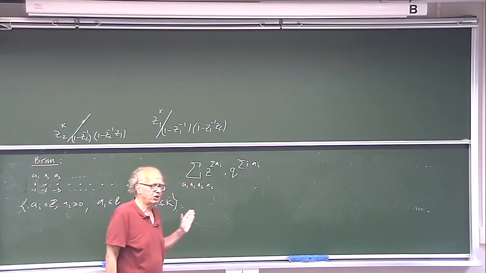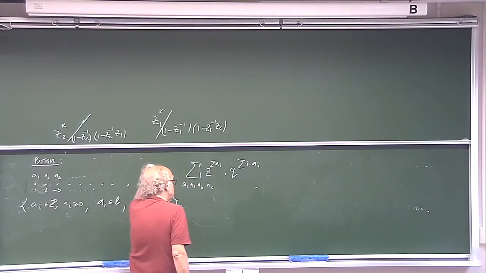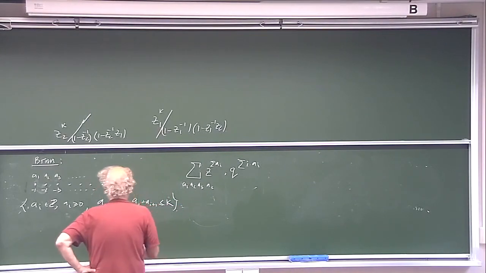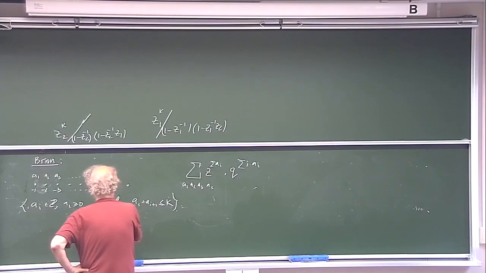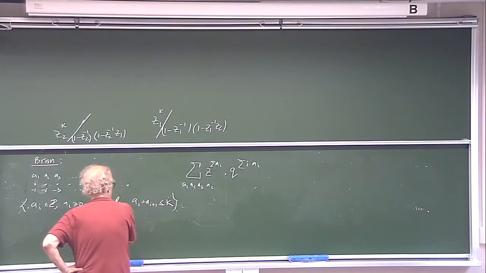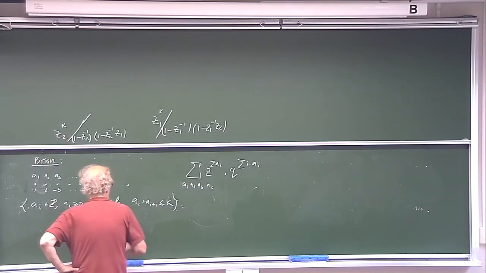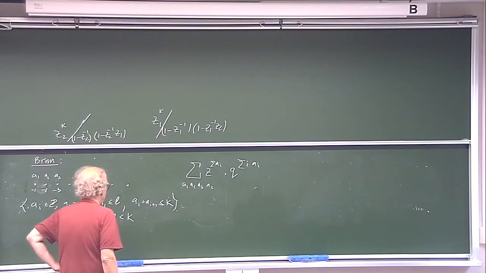And I want to apply Brion to this, and the logic of applying is just the same. First of all, L is smaller than K, otherwise it looks strange.